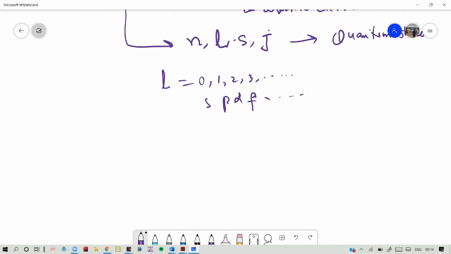So you can similarly find different values of S, then J, depending upon the valence electron, because for even electrons, S is equal to 0. For odd, it is half integral.